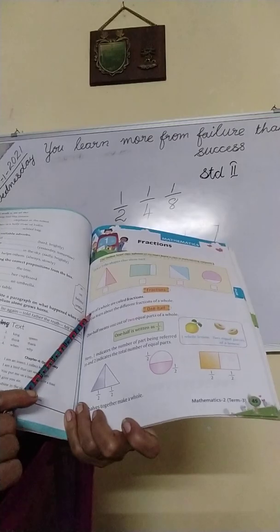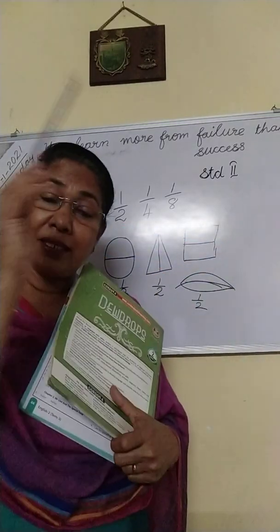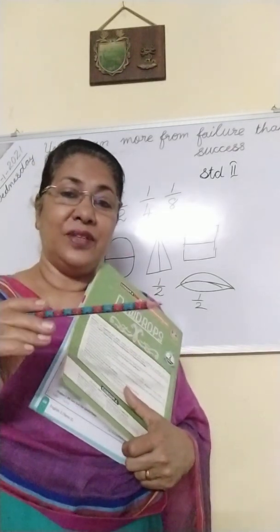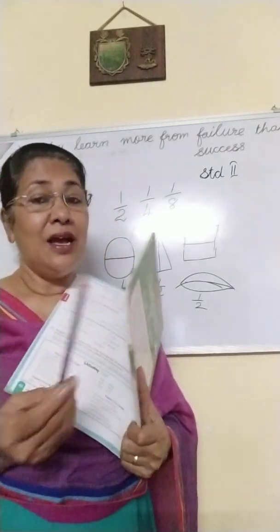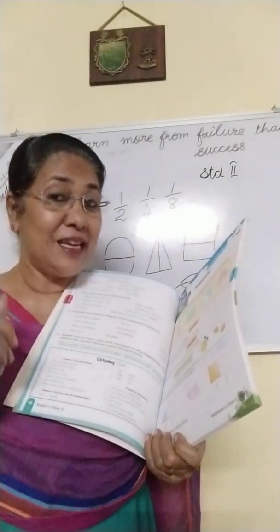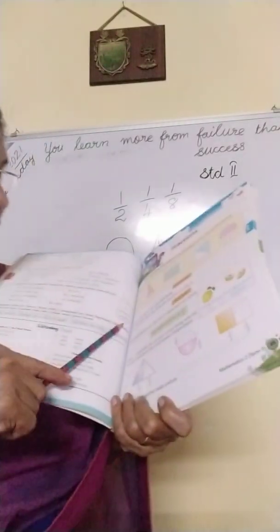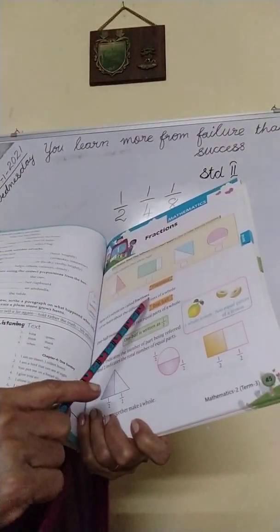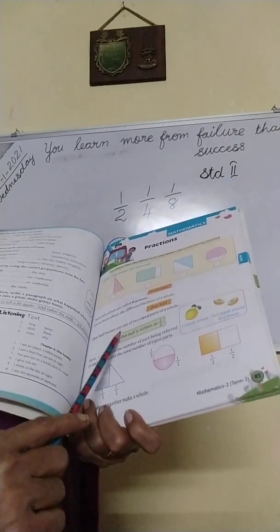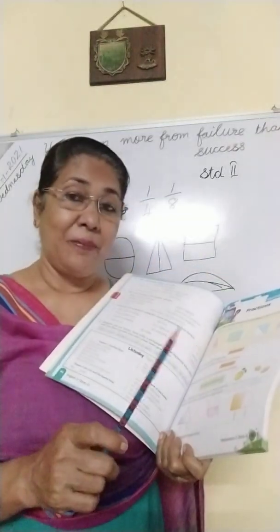Now, let's come to the next one. See, it's written here. Parts of whole are called fractions. The whole of something, when you divide it, the parts of whole are called fractions. Keep in mind, parts of whole are called fractions. Then, let us learn about the different fractions of whole. Now, 1/2 means 1 out of 2 equal parts.